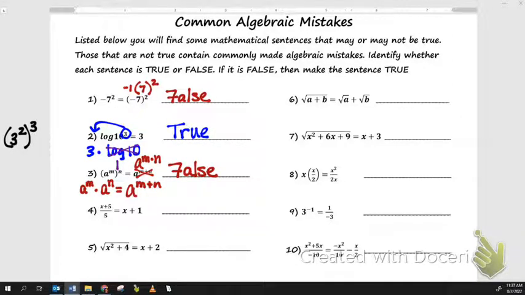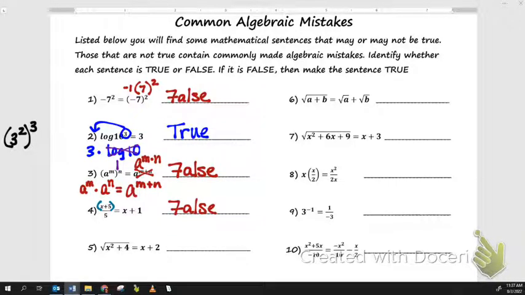Number 4, we have 2 people that think this one is correct. Unfortunately, it is not. It is almost correct. So even though we don't see them, the numerator is assumed to have parentheses around it.